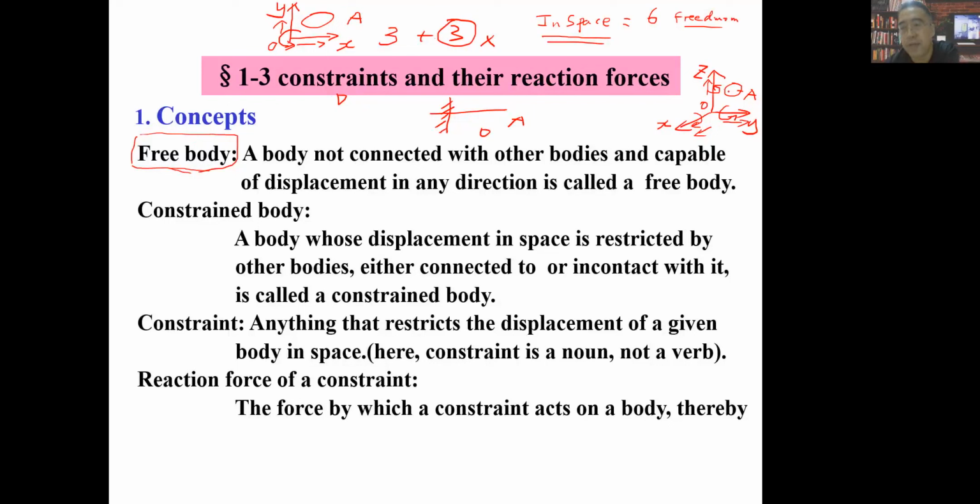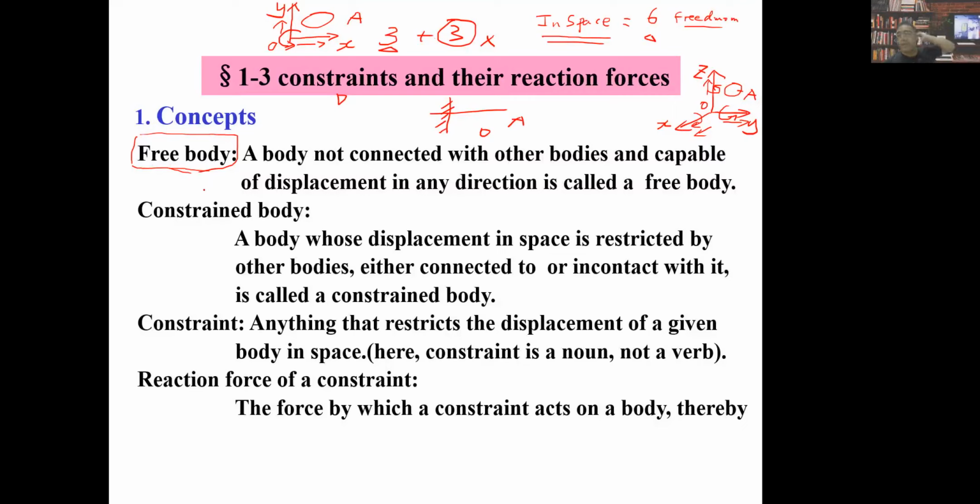And other forces. So there is really no absolutely free body. But you should know that when we use this idea of a free body, it has independent capable movements: 6 in space and 3 in a plane, right?